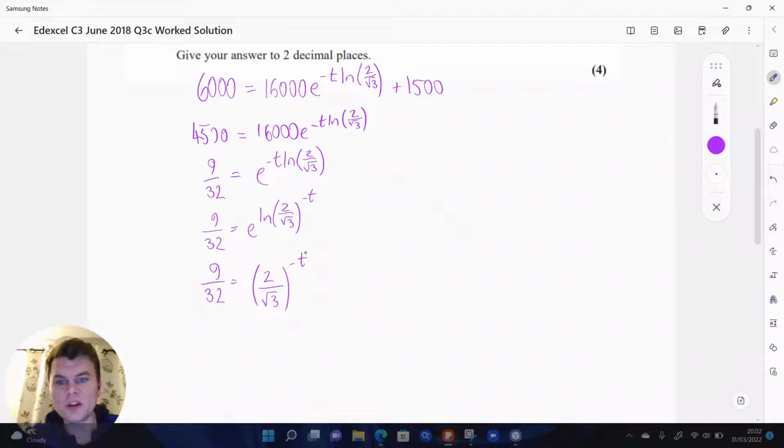Okay, so remember, when we're trying to solve for a power, we can use logs. I'm going to use natural logs because we've used natural logs already. So I'm going to take natural log of both sides.